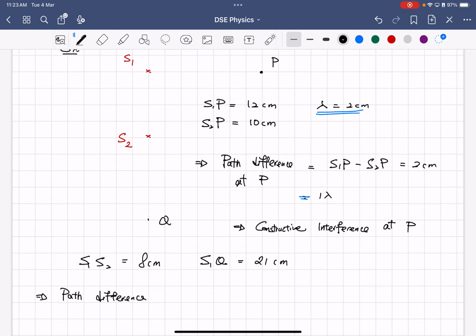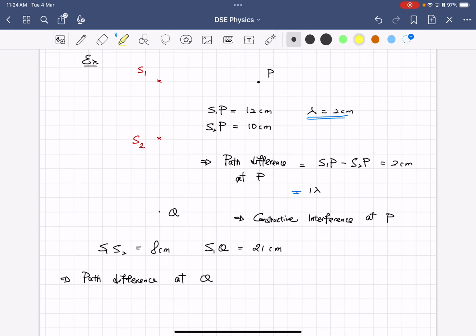How? For the path difference at Q, what would that be in this case? Look carefully. Michael, what's the path difference at Q in this case?